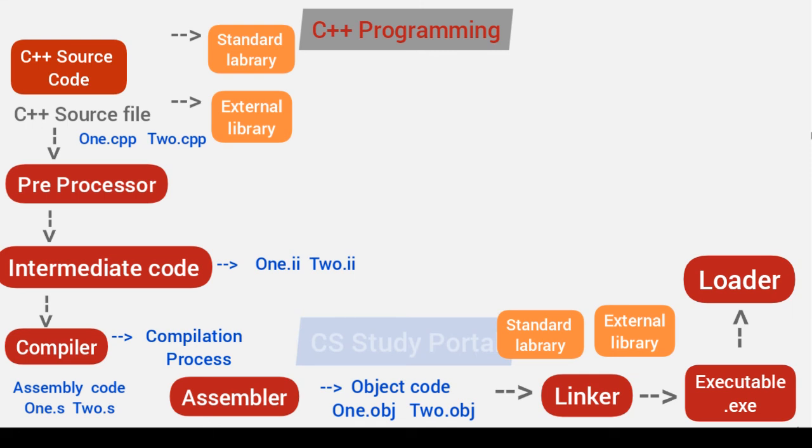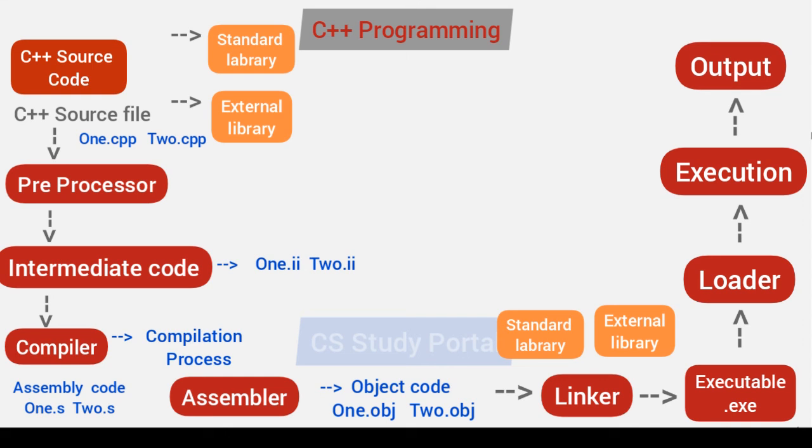The loader will not only load the executable file, but also the other libraries which are required for this executable file to run properly, and then the program will be executed by the CPU, and after the execution you will get the output.